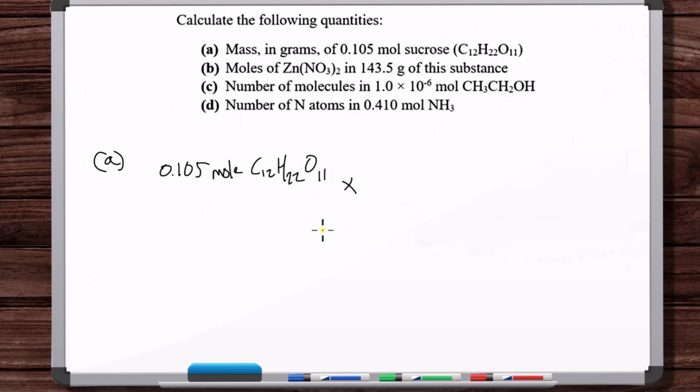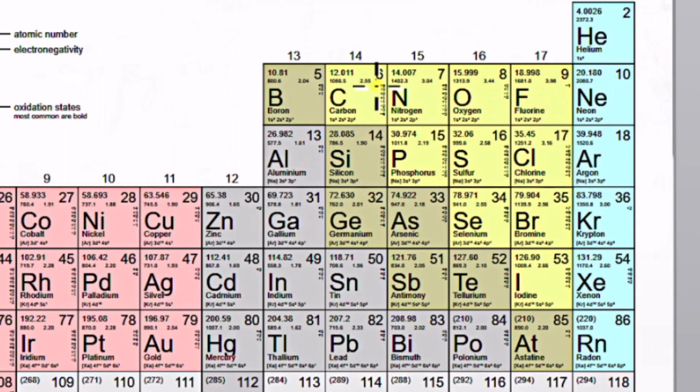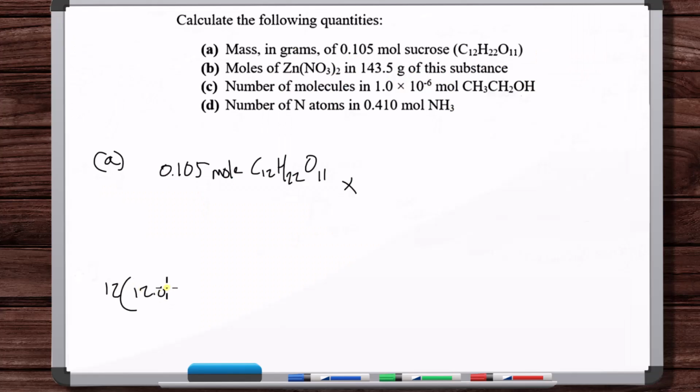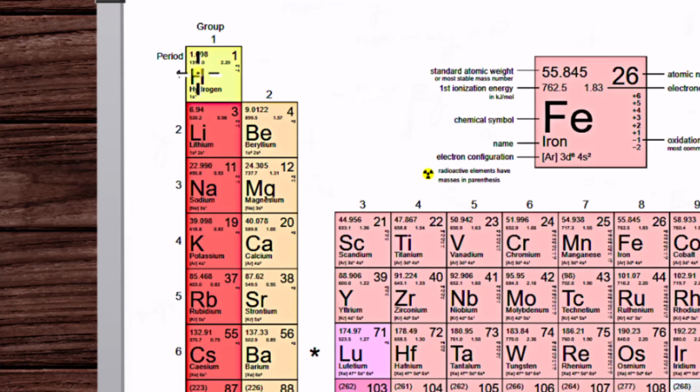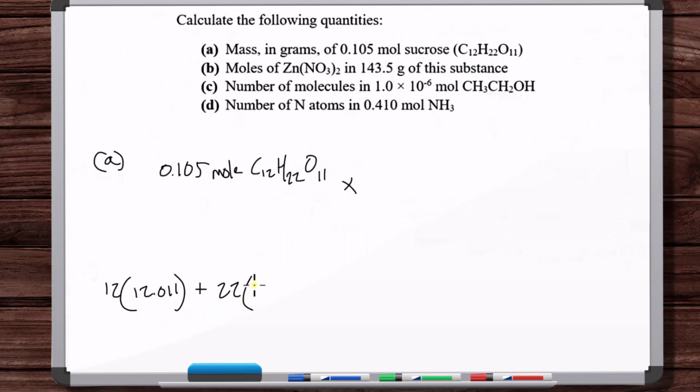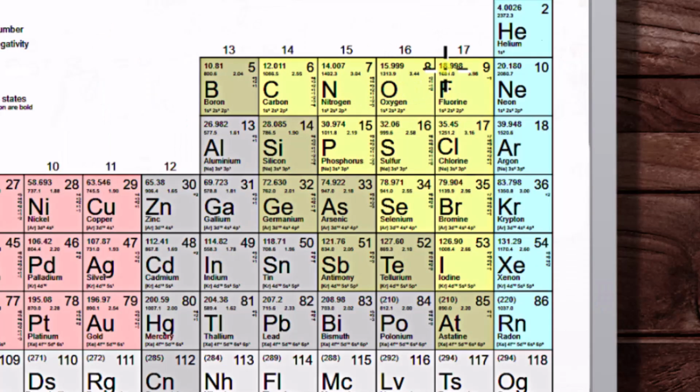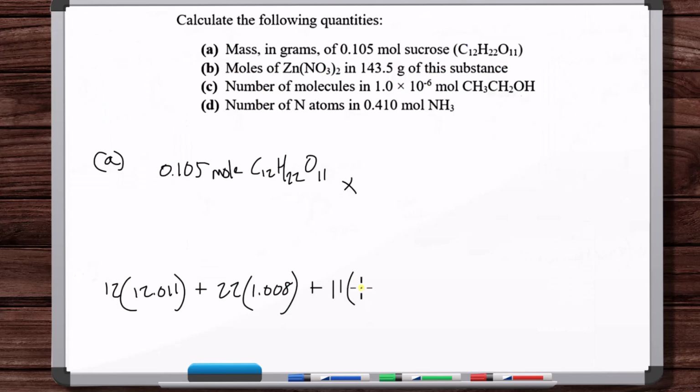So we've got 12 carbon atoms, 12.011 is the atomic weight. 22 hydrogen atoms, 1.008. And 11 oxygen atoms, 15.999.